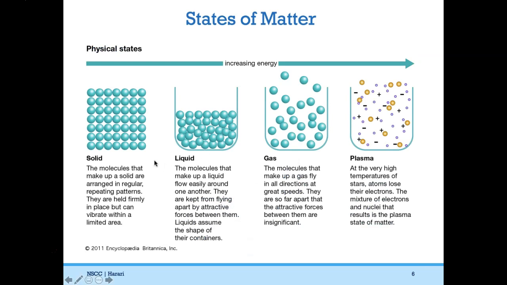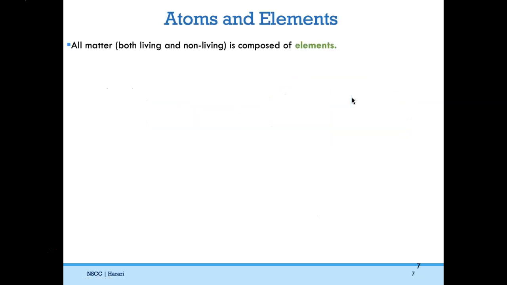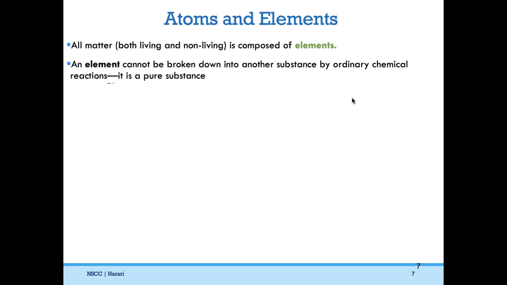And here's a little more detail, talking about the structures of these different forms of matter and how the energy states vary as you go from a solid to a liquid to a gas and to a plasma. You can take a look at this, pause the video here. So all matter is composed of elements. An element cannot be broken down into any other substance by ordinary chemical means.